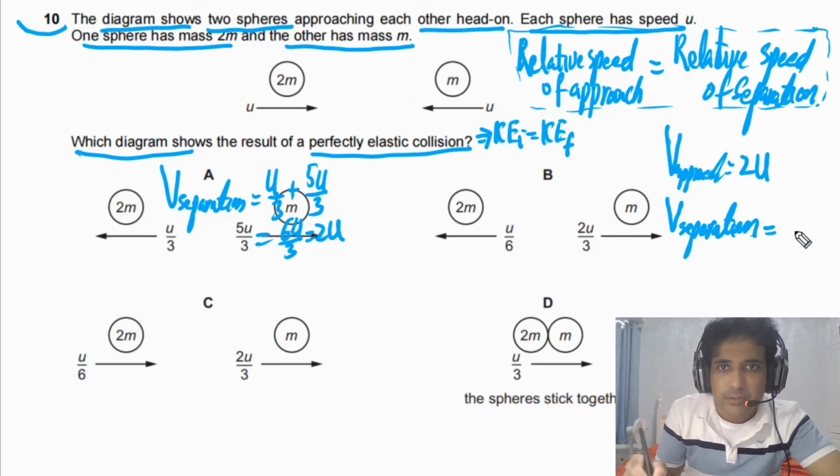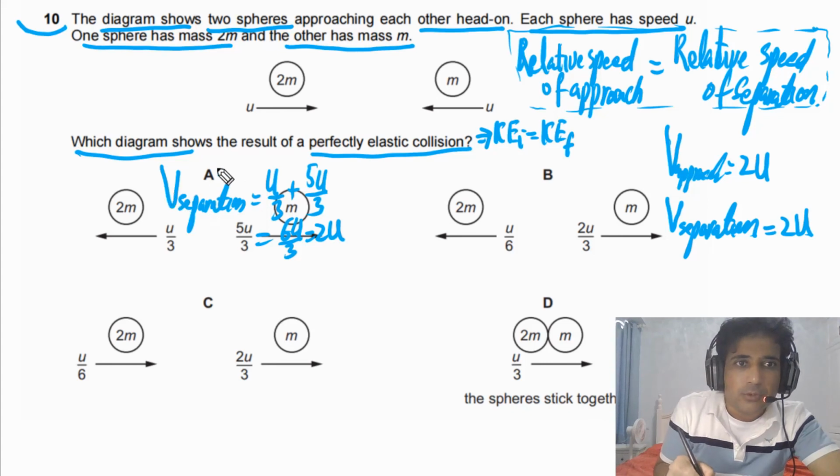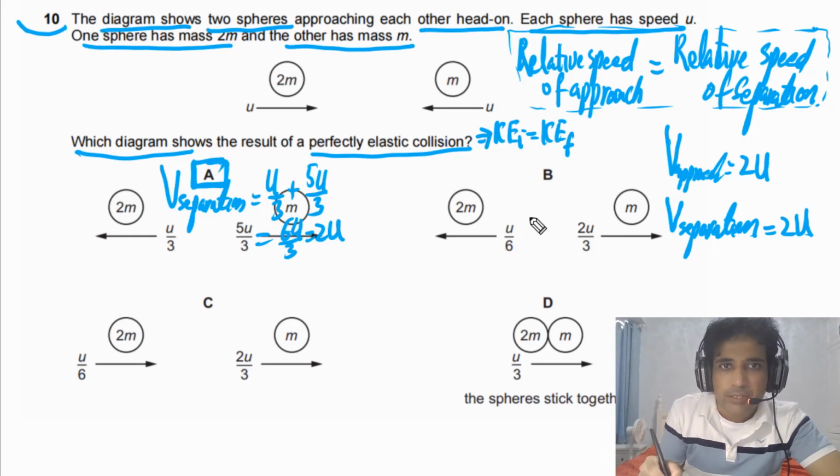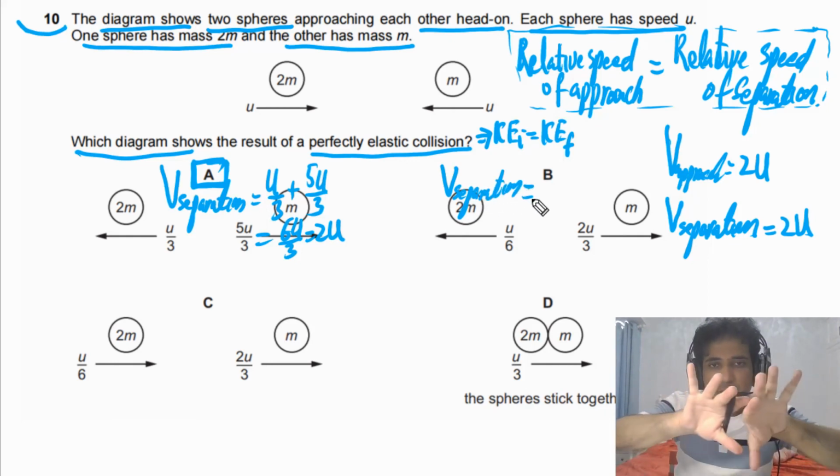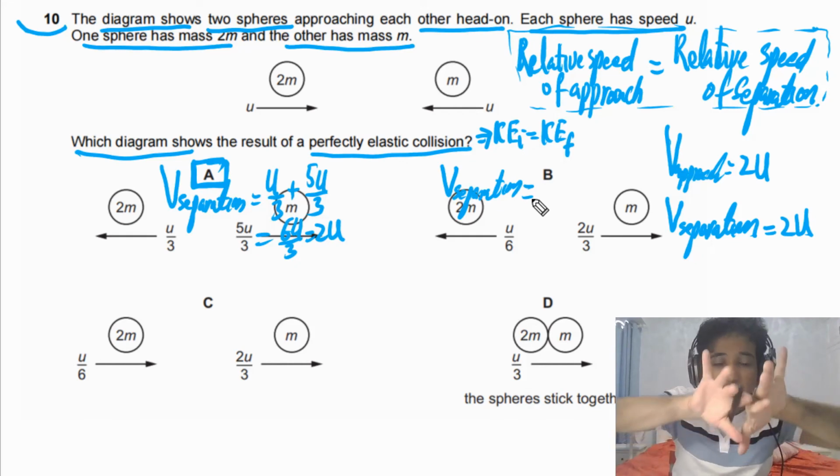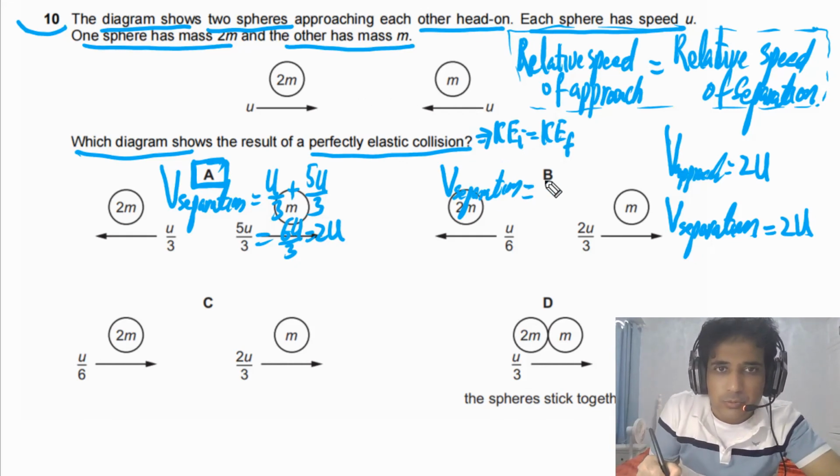So A is the right option. This is the correct answer. But if you look at B, in this case we can also calculate relative speed of separation. These two spheres are moving in opposite directions, moving away from each other, so we simply need to add their speeds.